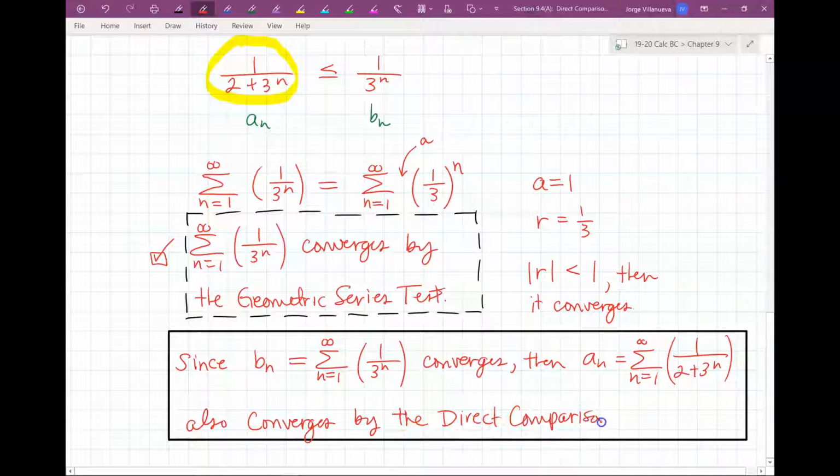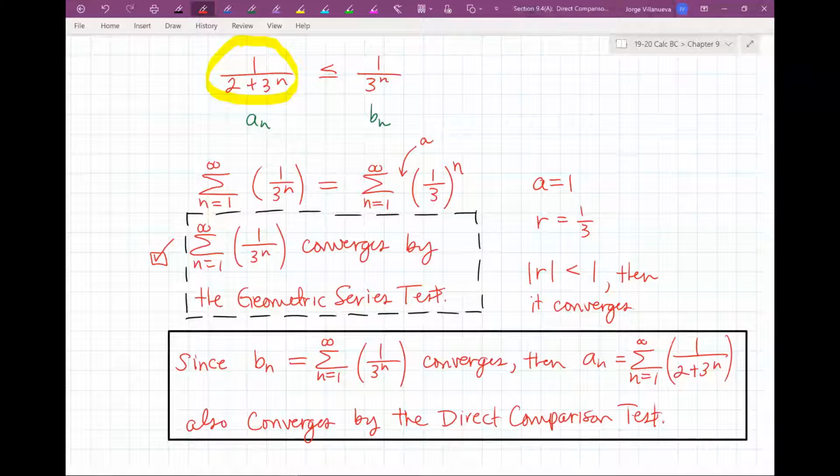There's going to come a time, once we're done with section 9.6, where I'm going to expect you guys to always tell me which test you're using to prove it. Because if I just say, questions 1 through 6, do these converge or diverge, you can literally just write converge, diverge, and get everything right without even knowing what you're doing.